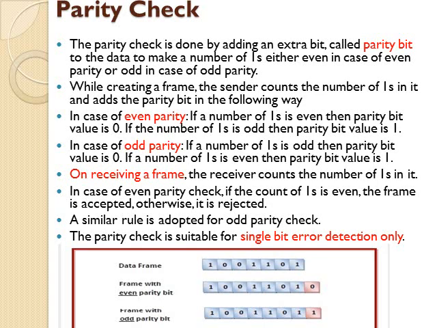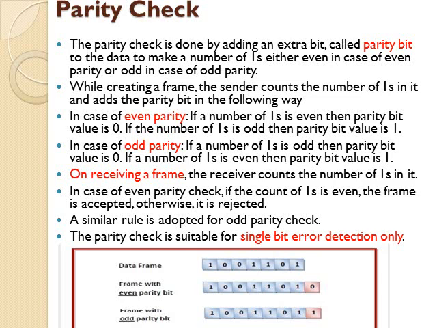This bit is added by counting the number of ones. In case of odd parity, if the number of ones is even, one extra one is added to make it odd.